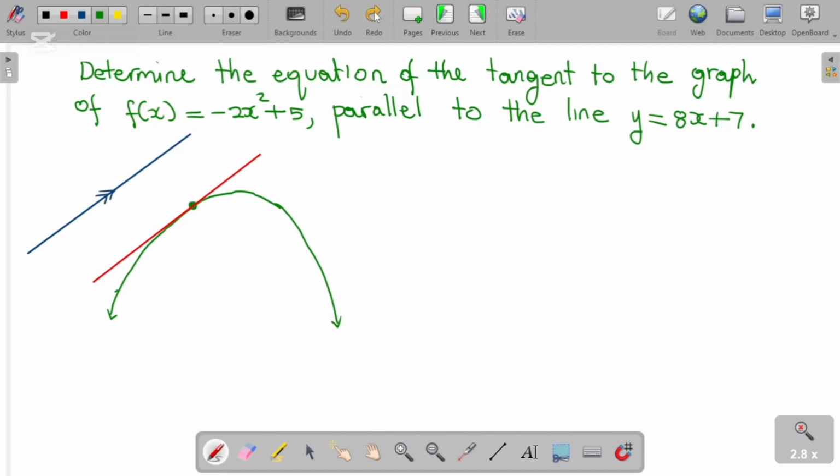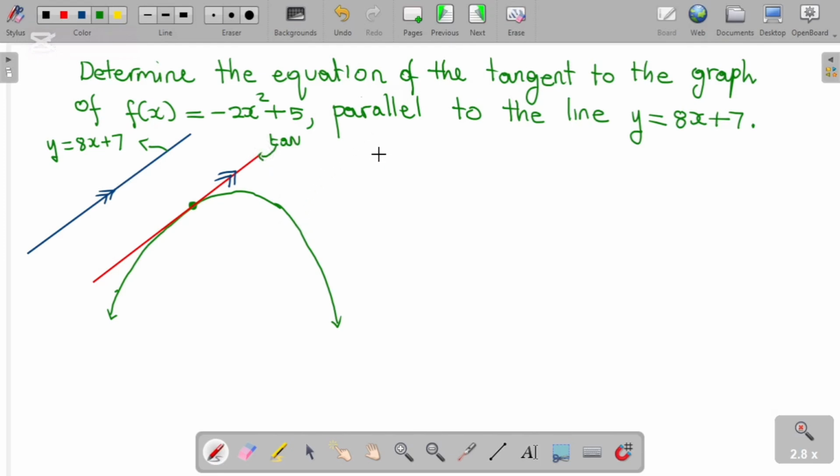It's not a tangent, but all we know is that it's parallel to the tangent. So this is the line y equals 8x plus 7, and this is the tangent.